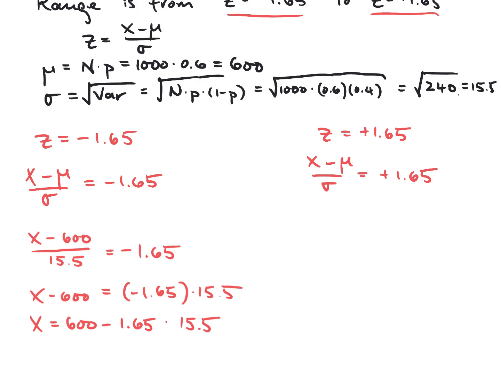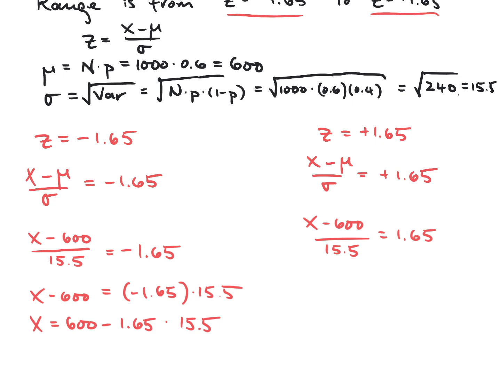And we go through the same steps for the upper end. X minus the mean, 600, over the standard deviation, 15.5, is equal to positive 1.65. Multiply both sides by 15.5.